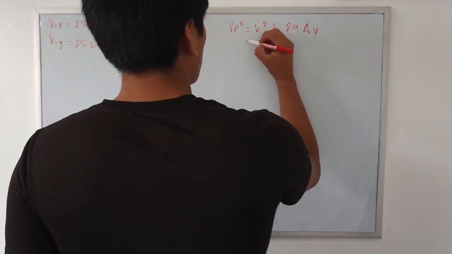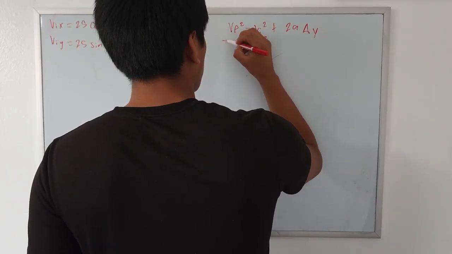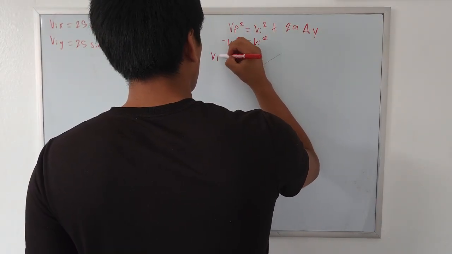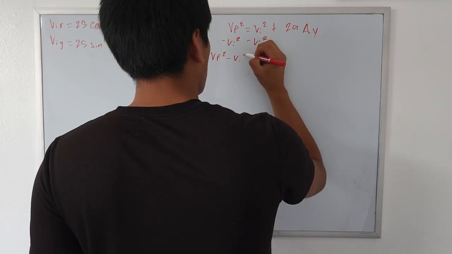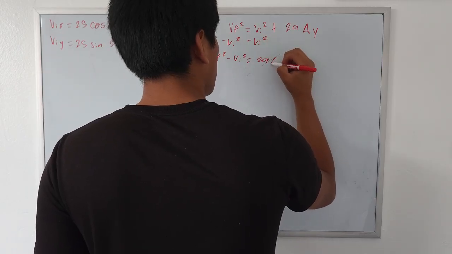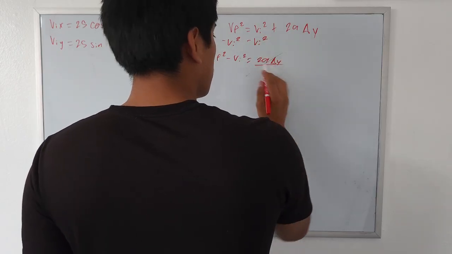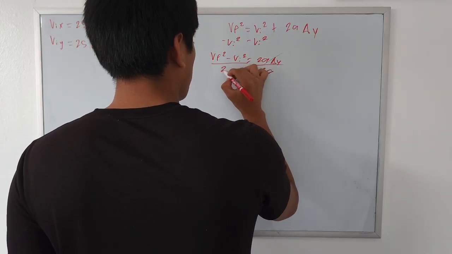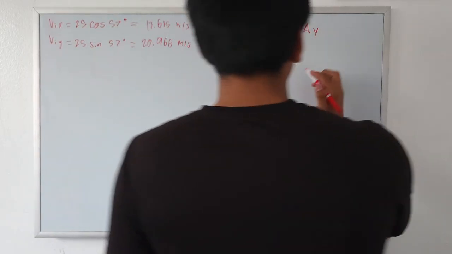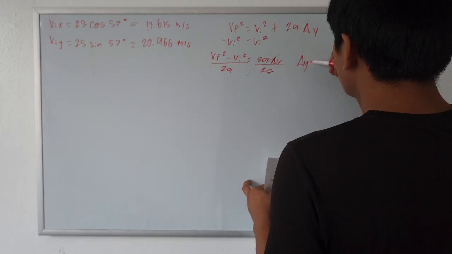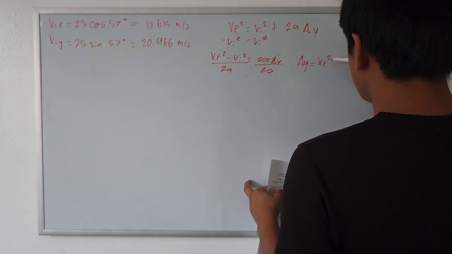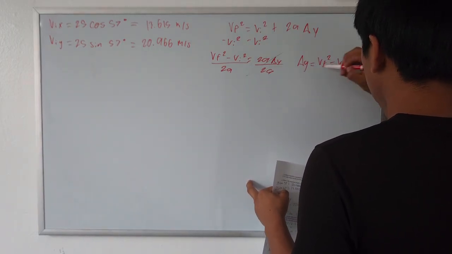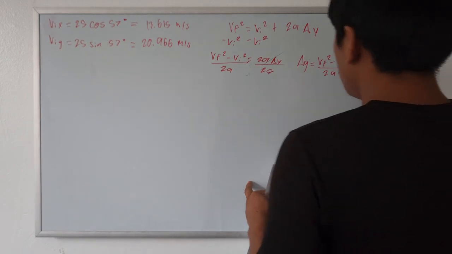So I'll do minus vi squared equals 2a delta y. Get delta y by itself by dividing by 2a. So now we have that delta y equals vf squared minus vi squared over 2a.